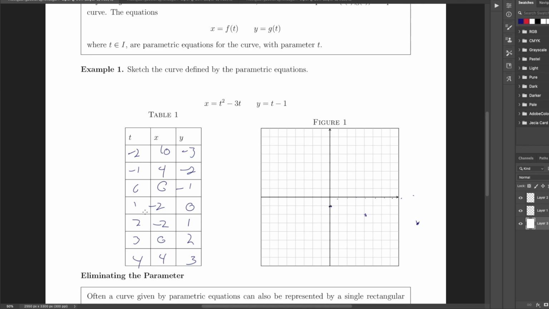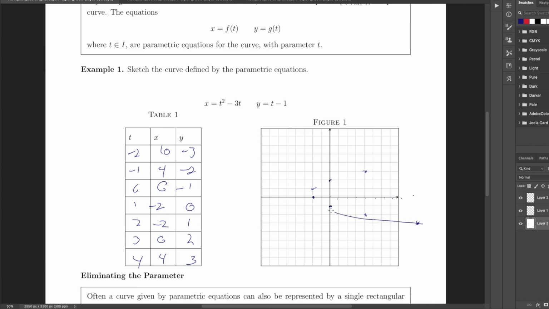When t is 1, we're at -2 and 0. And then when t is 2, it's at -2 and 1. And then we'll be at 0 and 2. And then we'll be at 4 and 3.